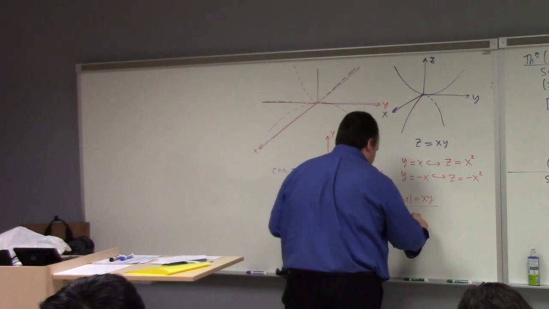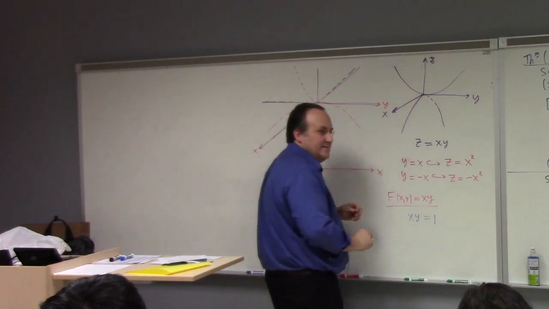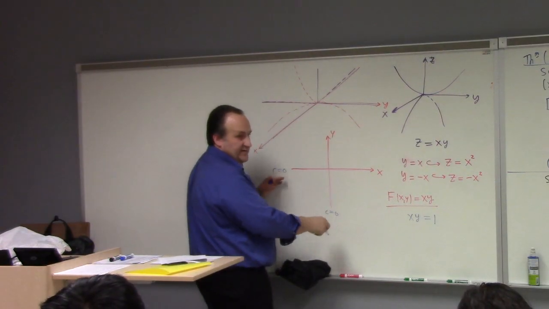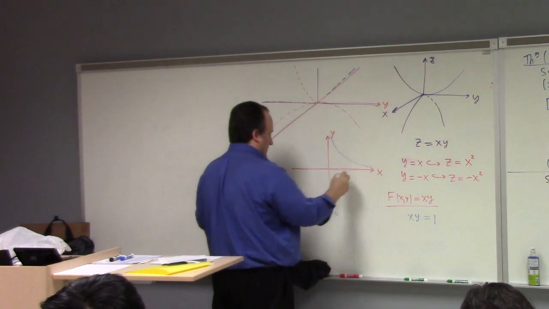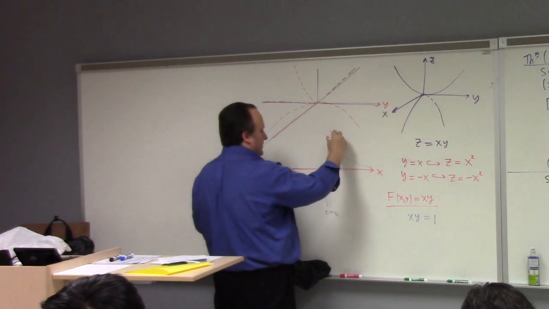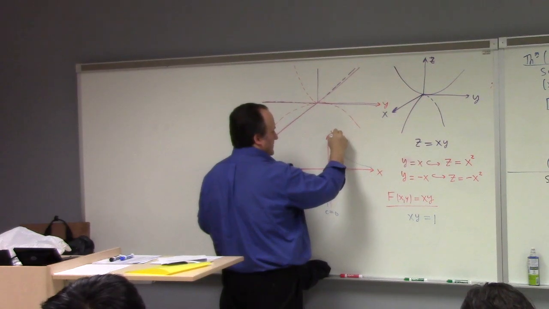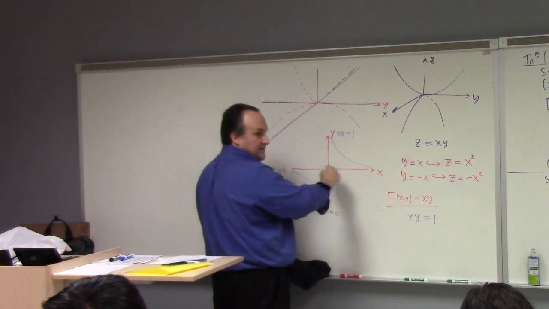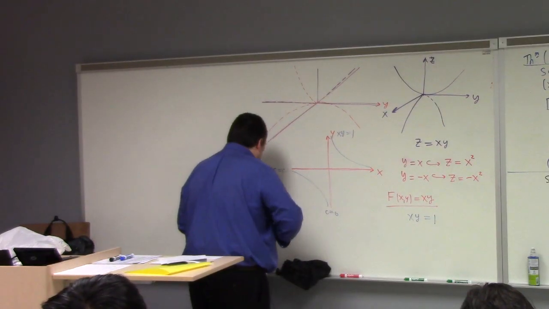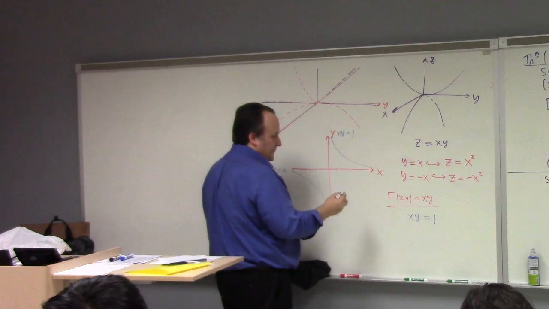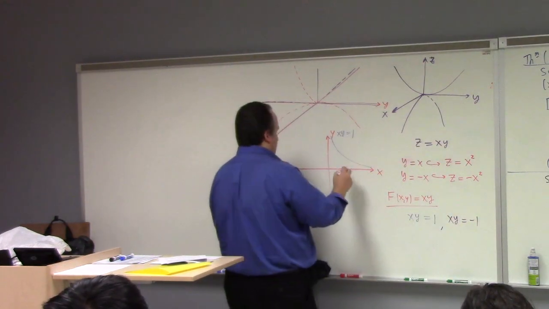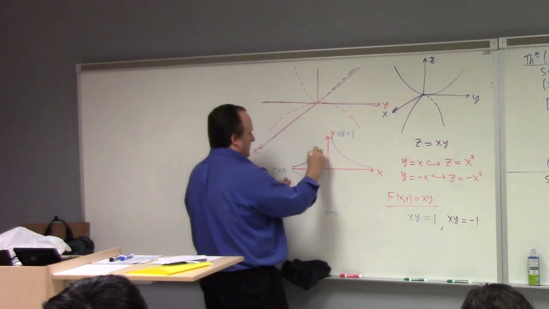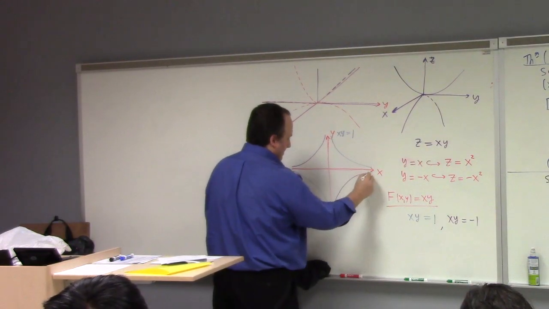But if I have xy equals 1, that's y equals 1 over x, so that looks like here and here. These are the xy equals 1 solutions. If I look at xy equal to minus 1, then it's the same, but over here.